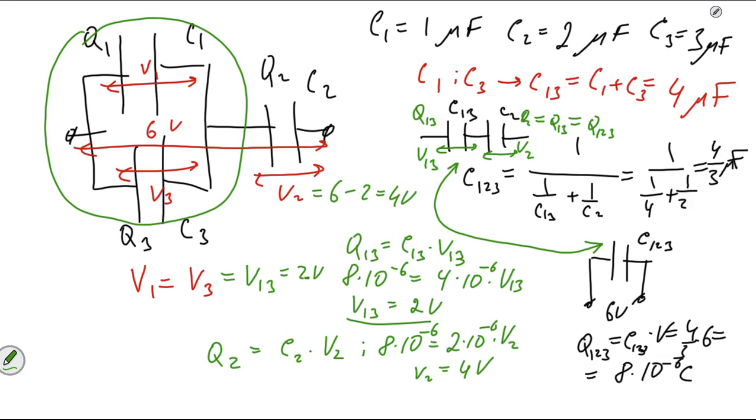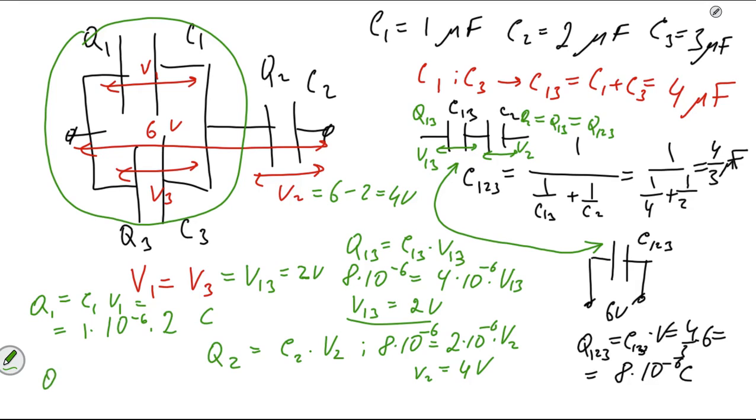For example, Q1 equals C1 V1, or 1 microfarad times voltage number 1, which was 2 volts. And that's 2 microcoulombs.